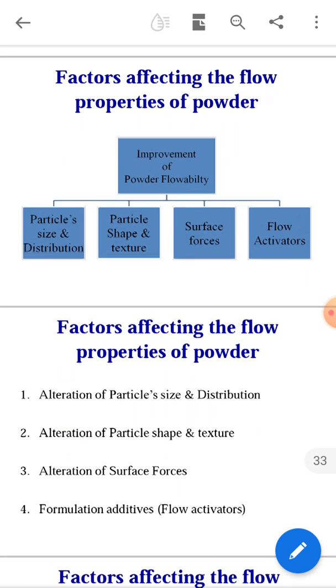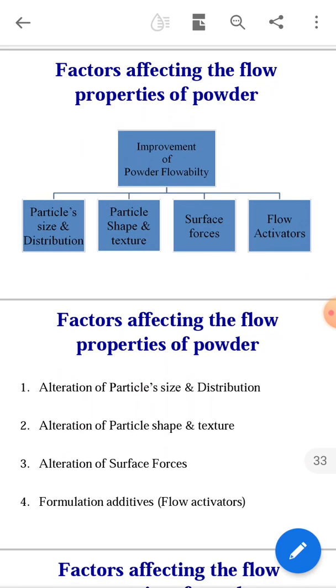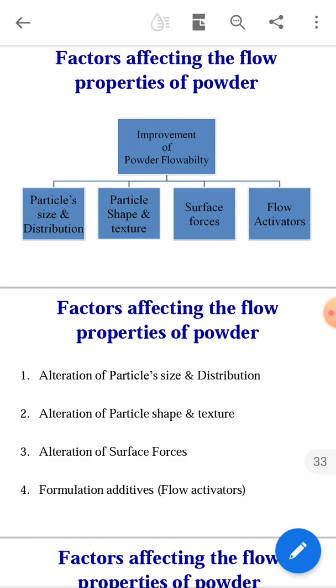Factors affecting flow properties of powders. Which are the factors? First is improvement of powder flowability by using particle size distributions. If the particle is spherical, not asymmetric, it increases the flow property of powder. If it is asymmetrical, it decreases the flow property of powder, depending on the particle size and distributions. Next is particle shape, symmetrical or spherical.